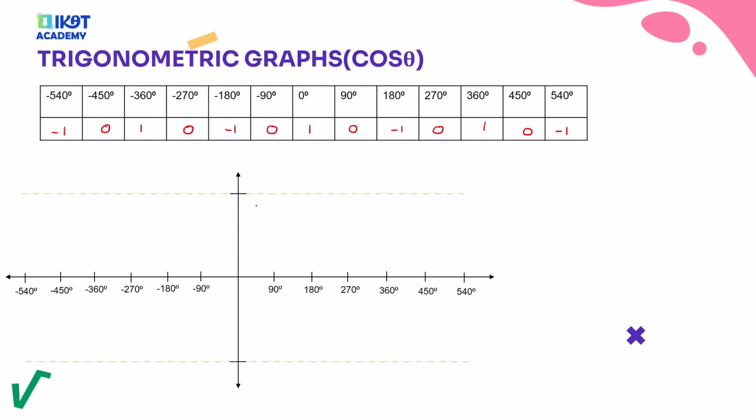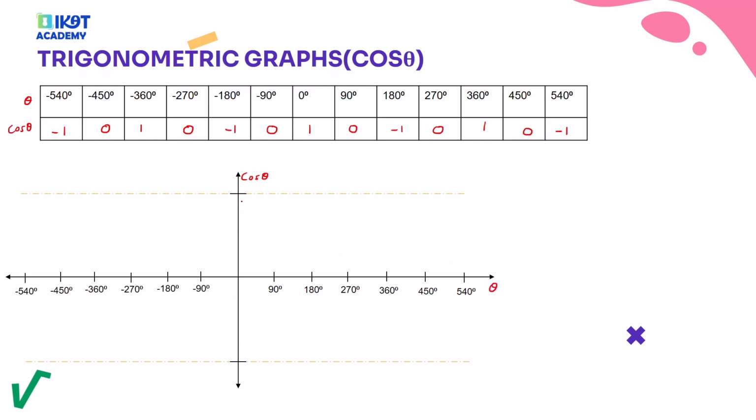So I'm going to start with 0. On the x-axis is the angle theta, and on the y-axis is the cos of that angle theta, so we have cos theta. The x-axis is theta, the degrees.